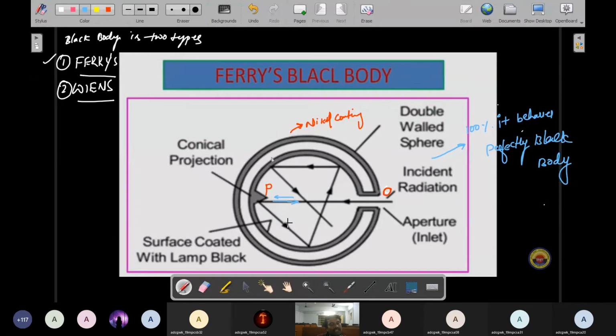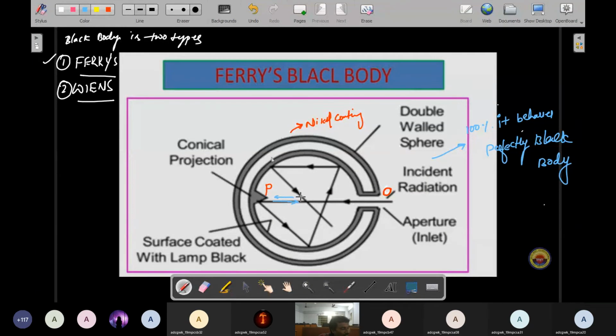After focusing, it gets reflected, and inside is a completely curved surface. That's why it gets reflected a number of times until it absorbs the complete radiation. So now it behaves like a 100% perfectly black body. So this is the concept of Ferri's black body.